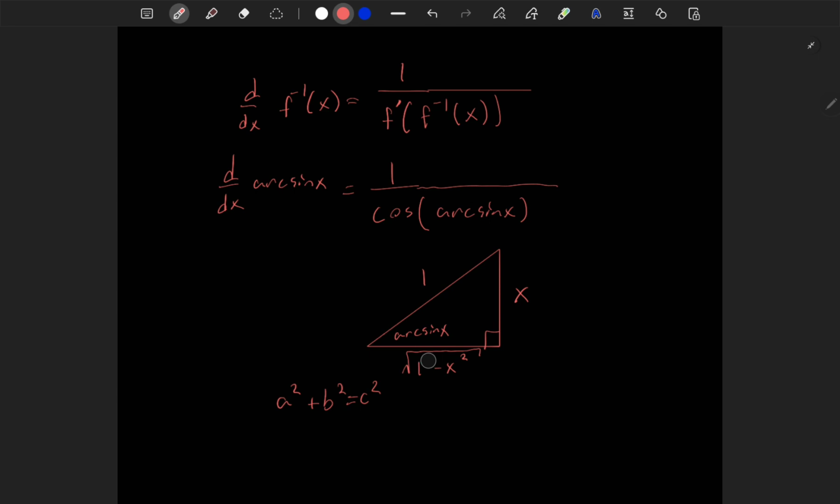So that final length is the square root of 1 minus x squared. And that means cosine of arc sine x is the square root of 1 minus x squared, all over 1. That lets us solve the original problem. We know what the derivative of arc sine is now.